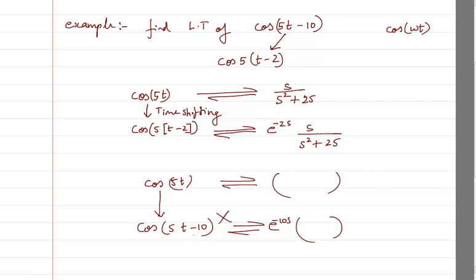Because when you are doing time shifting, this is basically 5t minus 10, it is not t minus 10. So if it has to be t minus 10, 5 should be taken out as common. And that is what we have done here. Always you have to take care of that, otherwise people always make mistakes in this case. So first it is cos 5t, and then you do a time shift only in t, and you get the answer as this.